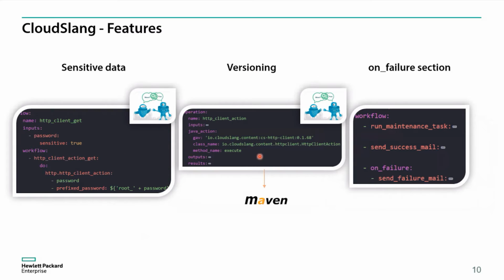Versioning relates to what we added in terms of being able to access the Java actions through GAV: artifact, class name and method. At the root of it, we have Maven handling the versioning.